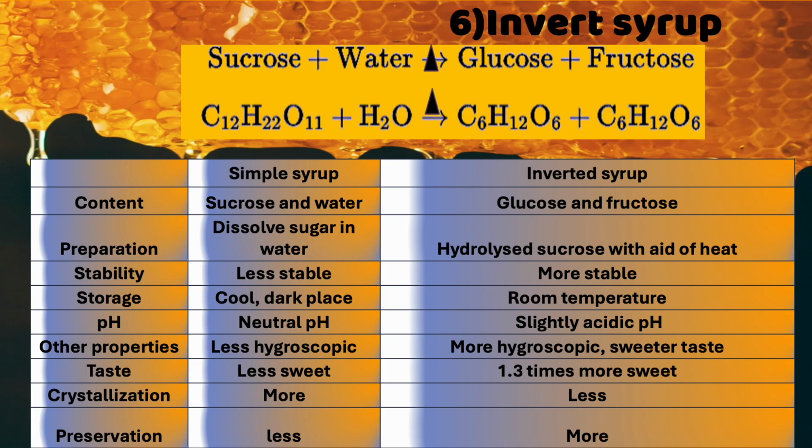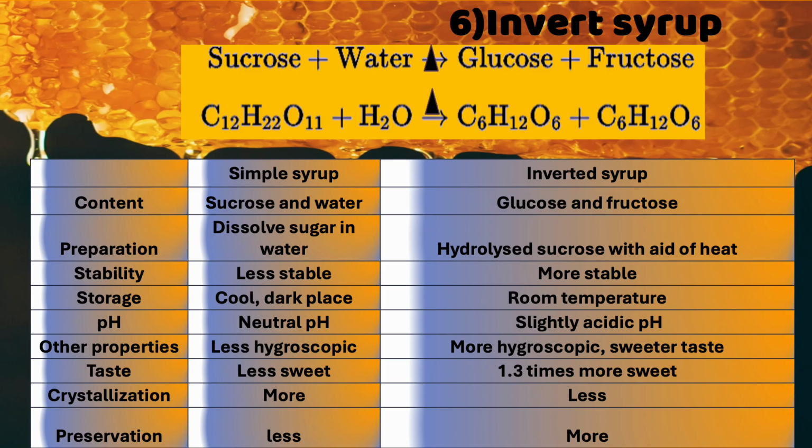If you compare the formulations, they have differences. Simple syrup has sucrose and water, whereas invert syrup has glucose and fructose. In preparation, hydrolysis is required for invert syrup. The invert syrup is more stable compared to the simple syrup.